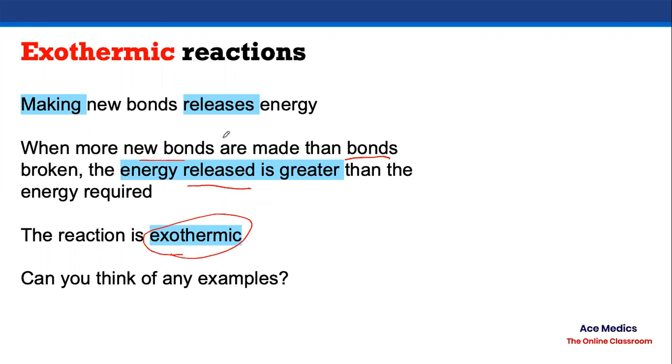Okay, so I'm going to repeat that because I really want you guys to get your head around this concept, okay? So when you're making more new bonds than you're breaking, the energy released will be way more than the energy that is required to break those bonds, because you're making more new bonds than you're breaking. So it will be an exothermic reaction.